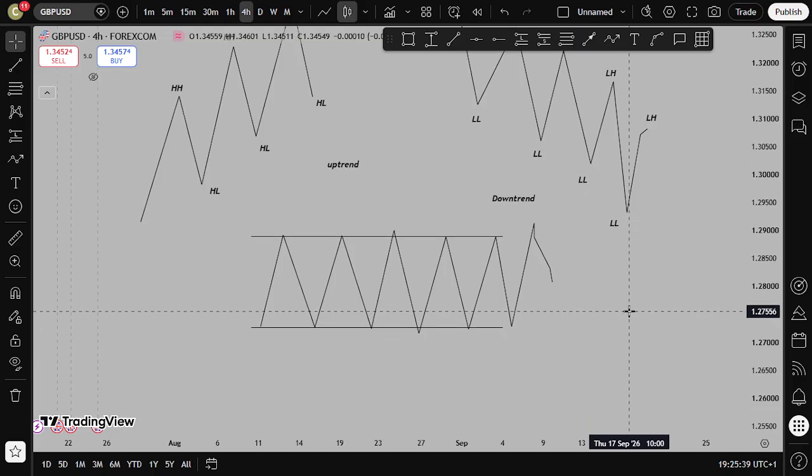Understand? So now let me talk about trend continuation. Many beginners panic during pullbacks, you understand? But trends don't move in straight lines. An uptrend needs pullbacks, a downtrend also needs pullbacks. Without pullbacks, there is no healthy trend.